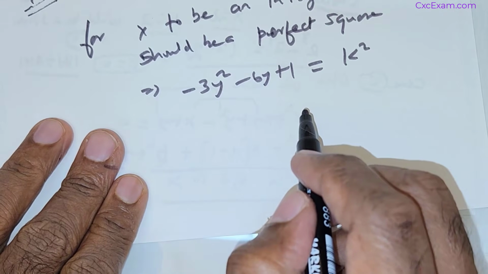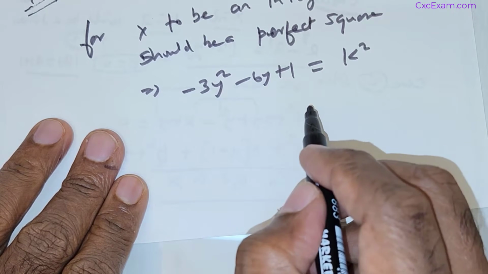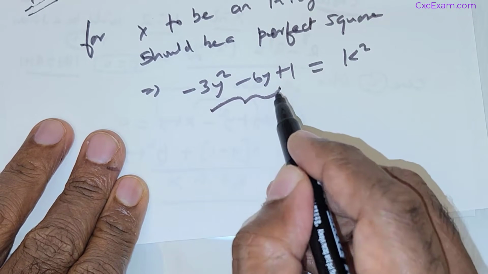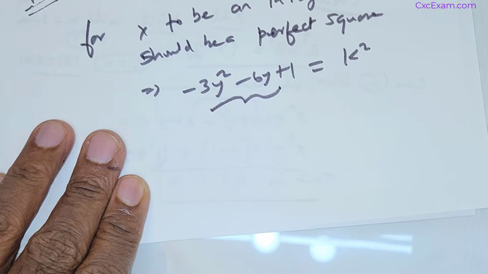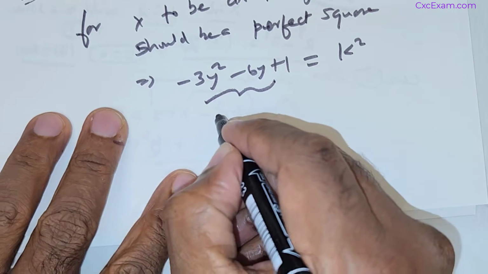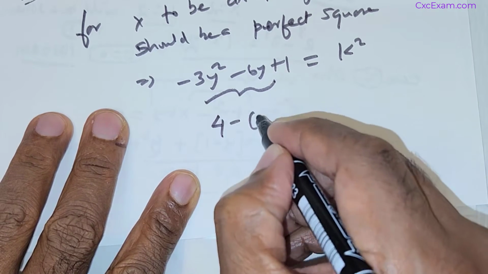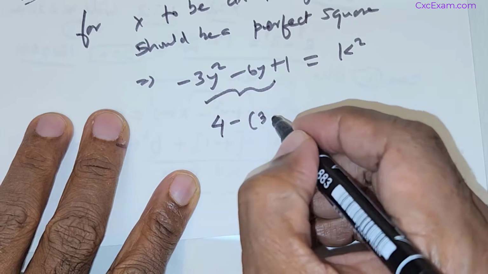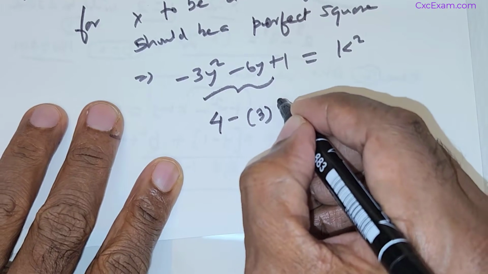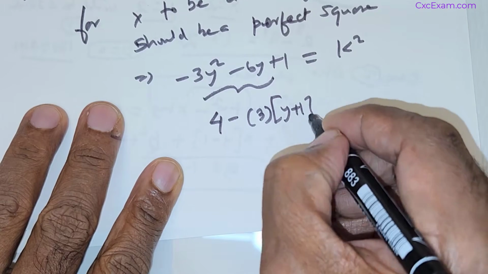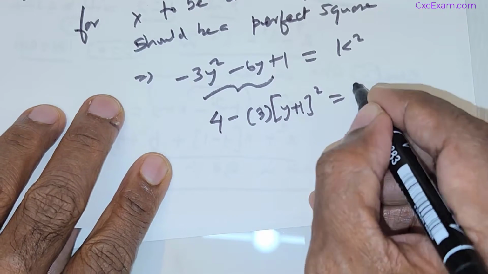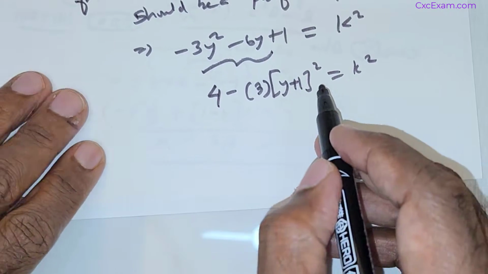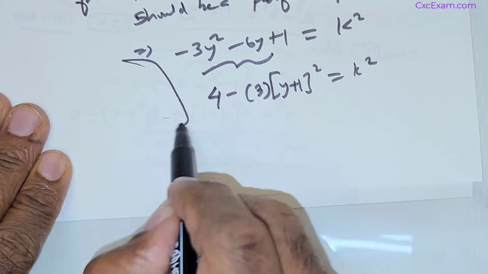Okay. Now I want to rewrite this in the following fashion. I want to rewrite this as 4 negative 3 times of y positive 1 the whole squared is equal to k squared. Now you expand this.